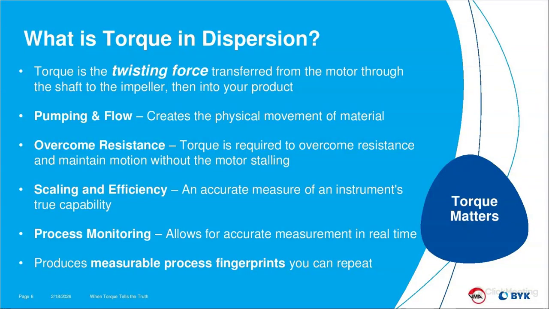Everybody has individual fingerprints that identify them on an individual basis. Well, if your torque measurement is set up right, it can do the same thing for your product. So you can look at a torque curve and know exactly how your product has been processing throughout the process.